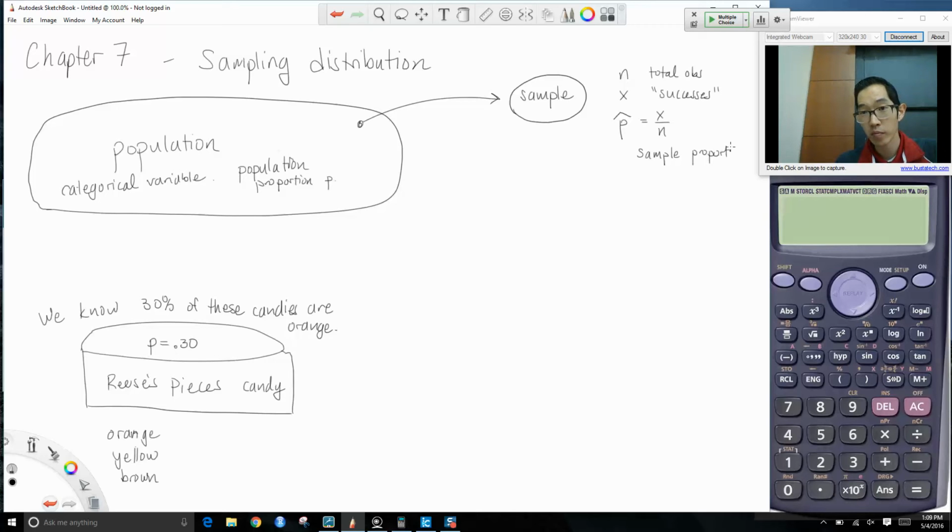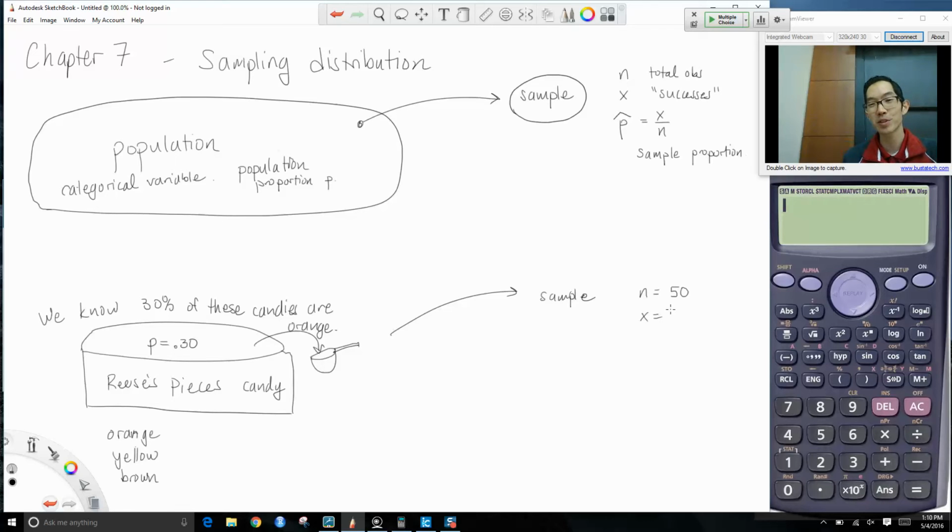Okay, so let's say I were to draw a scoop. Take a scoop out of the candy in here. Okay, so when we look at the scoop, let's say I have a total of 50 pieces of candy. Now, it's a random sample, so how many pieces are orange?